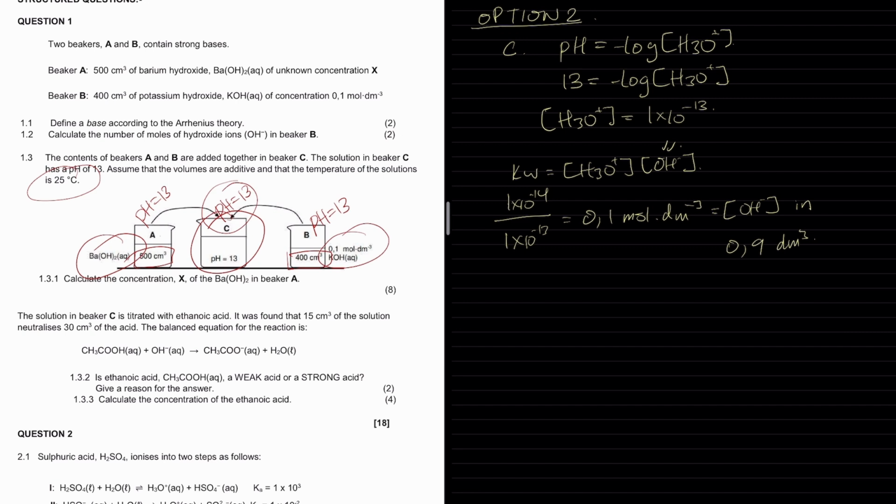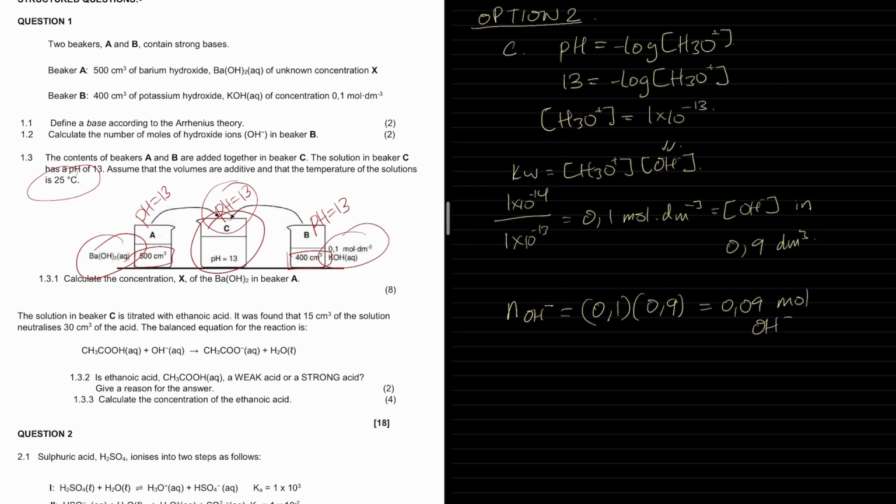Now, from here, I can work out the number of moles. So I'll say that the number of moles of OH- is equal to the concentration, which is 0.1, times the volume, which is 0.9, and that is 0.09 moles of OH-.